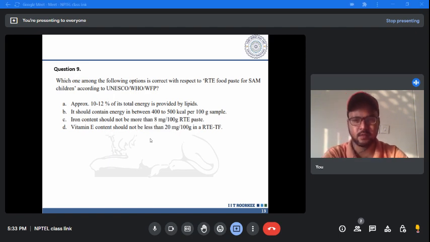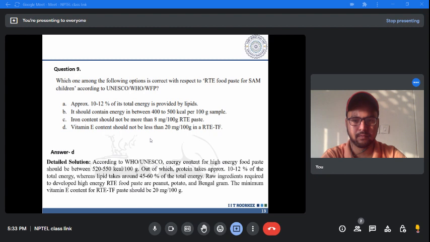Okay, so the right answer for this question is option D. The vitamin E content should not be less than 20 mg per 100 gram in RTE food. According to the WHO or UNESCO, energy content for high energy food paste should be between 520 to 550 kilocalories per 100 gram, out of which protein takes approximately 10 to 12% of the total energy, whereas lipid takes 45 to 60% of total energy.